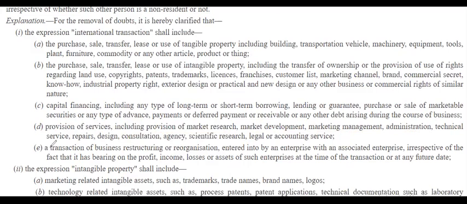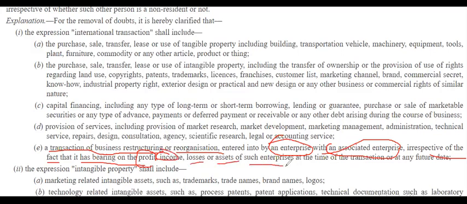International transaction includes transaction of business restructuring or reorganization entered into by an enterprise with an associated enterprise, irrespective of the fact that it has bearing on the profit, income, loss, asset of such enterprises at the time of transaction or at any future date.